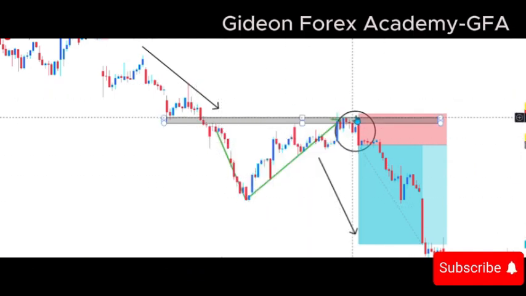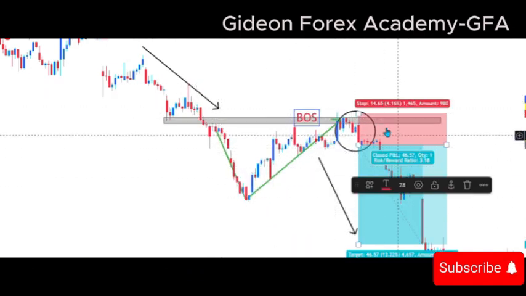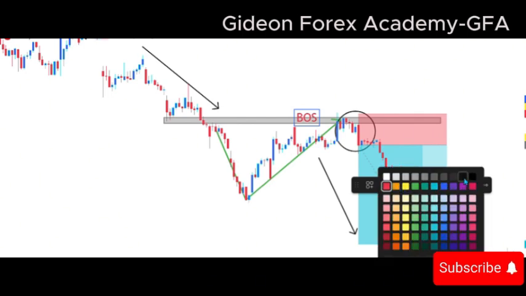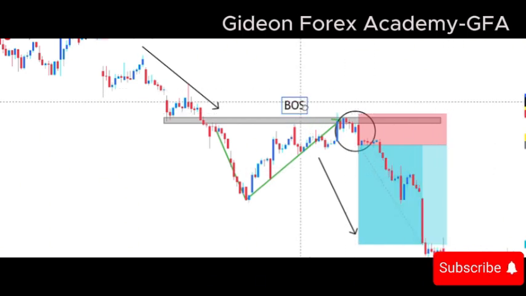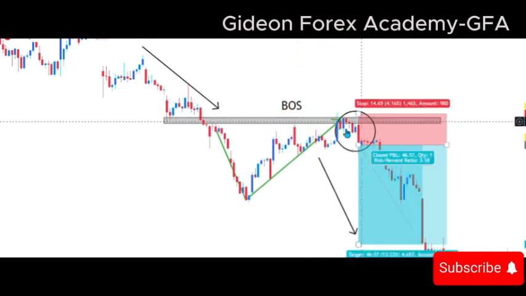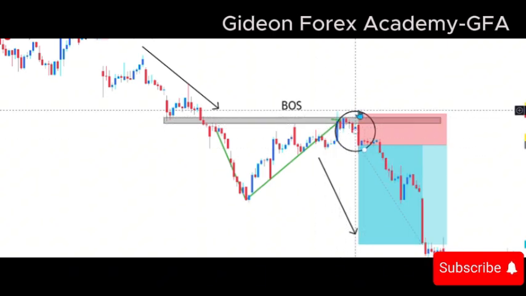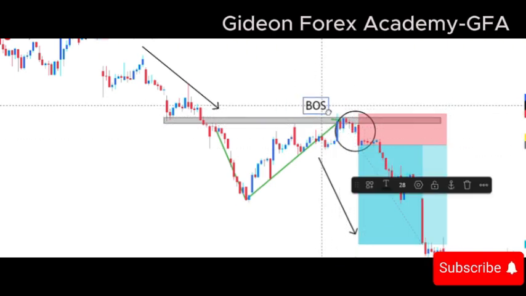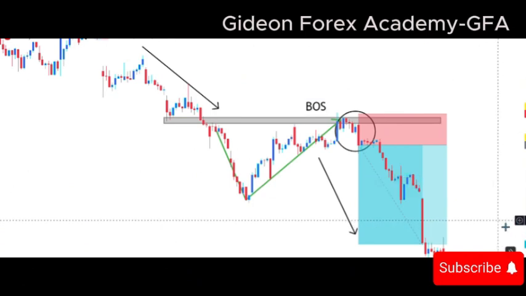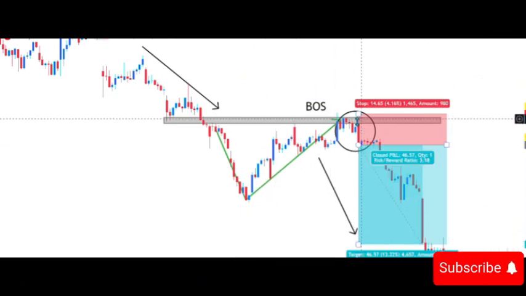So this would be the BOS. This can also be used to confirm entries at the retest of the break of structure to the downside, as you can see clearly here. So this is our bearish engulfing candlestick pattern right there.